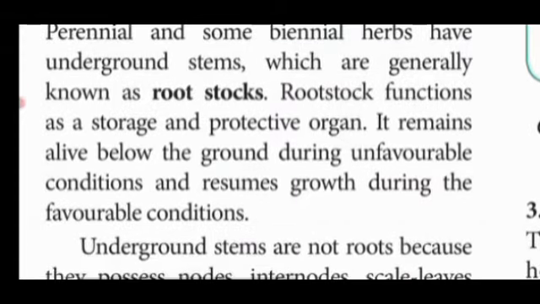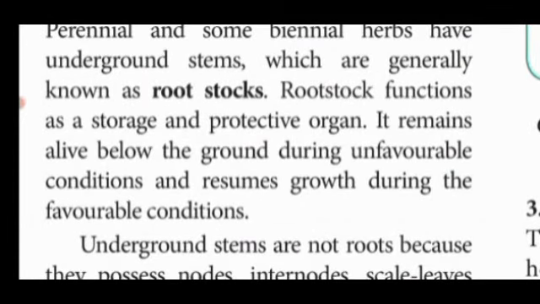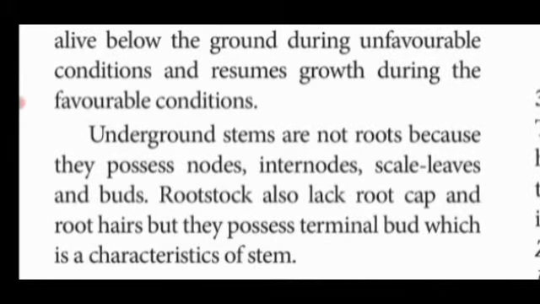The root stalks function as a storage and protective organ. It remains alive below the ground during unfavorable conditions, and again produces growth during favorable conditions. The underground stems are not roots because they contain nodes, internodes, scaly leaves and buds.